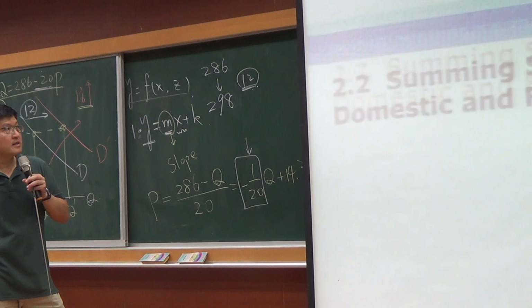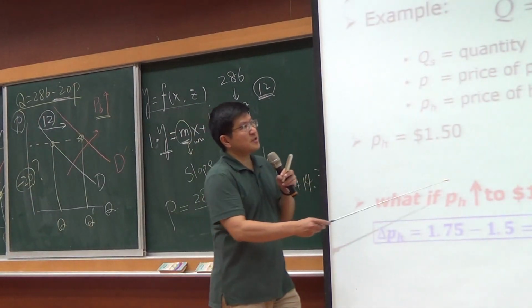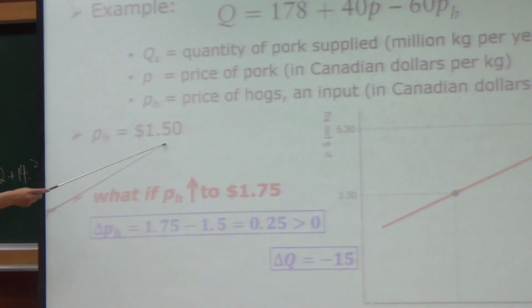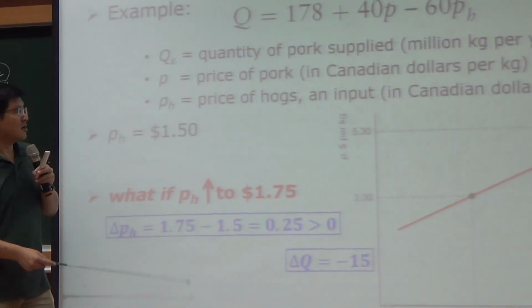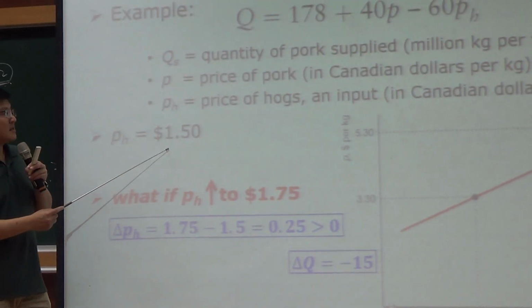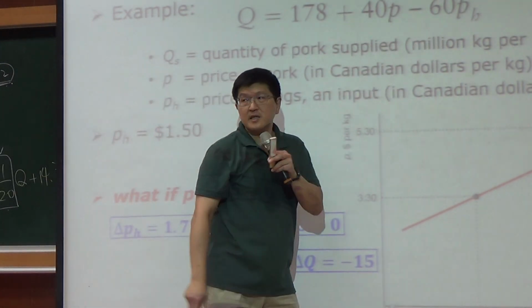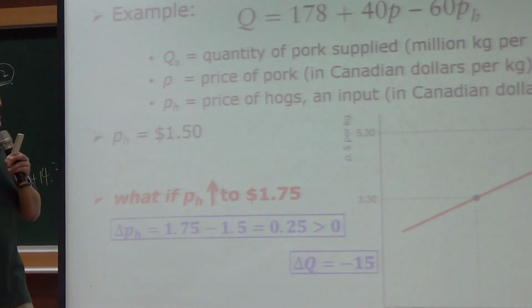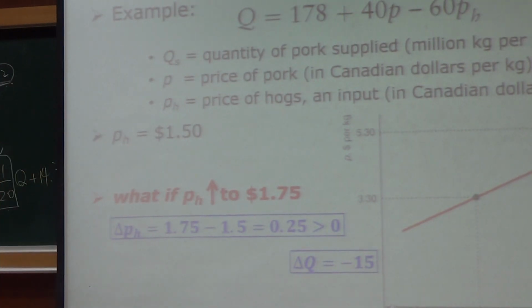Okay, sorry. So if we set pH at 1.5, then what would this relationship be? 1.5 multiplied by 60 would be 90, right? Negative 90, so it would be 88.